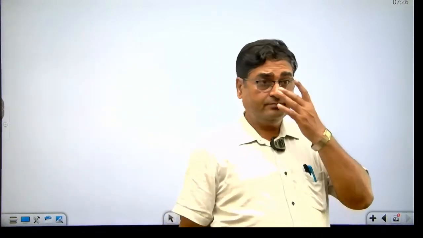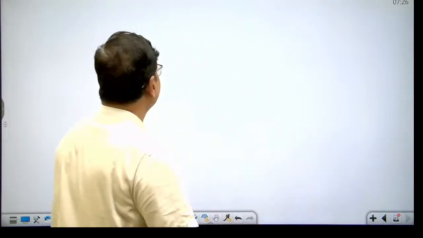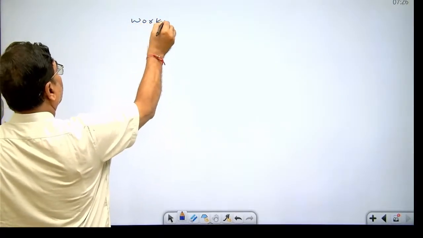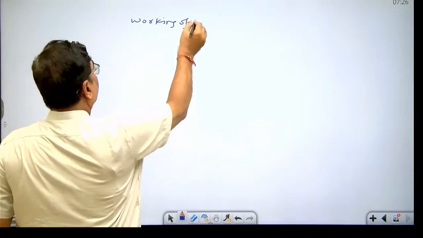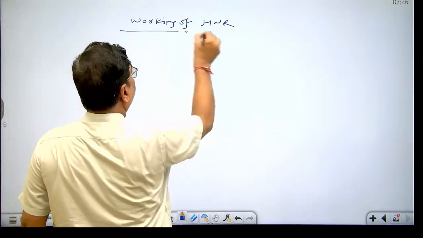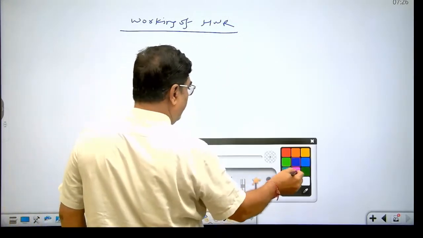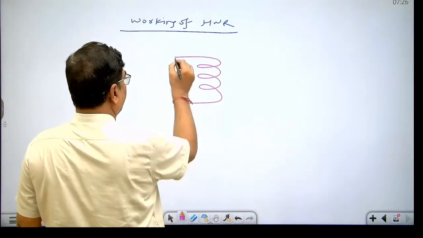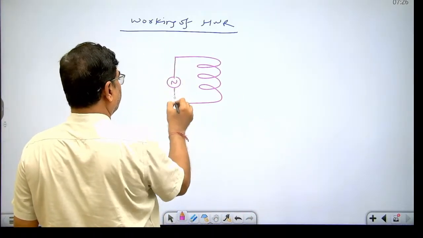Dear student, now look at the working of half wave rectifier. As the name indicates, only one half part of input AC signal will be converted to DC signal.